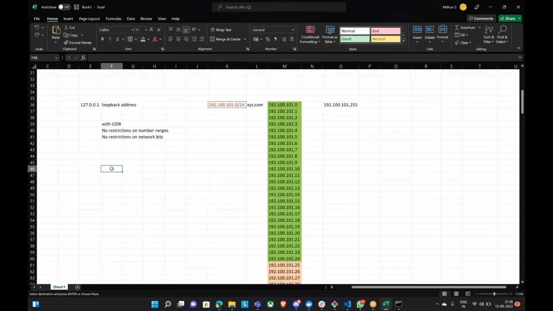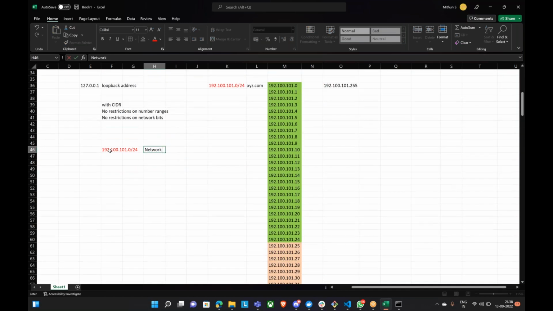Okay, so this is my network. If I have to divide it into 2 parts, so the part 1 or subnet 1, and this is subnet 2. So subnet 1 will be 192.100.101.0/25.